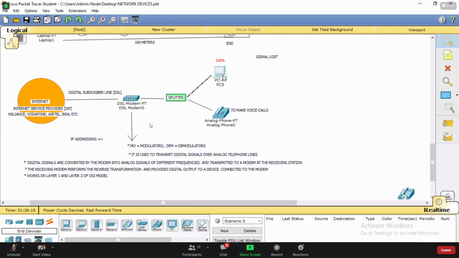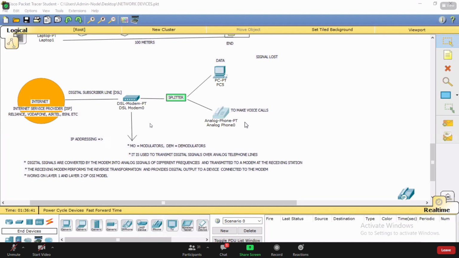From the splitter you are connecting your laptop, desktop in one cable, and from another cable you are connecting your phone. Most of the time when you take an internet connection, you get a landline phone. Most of your ISPs provide you a landline receiver phone to make calls.